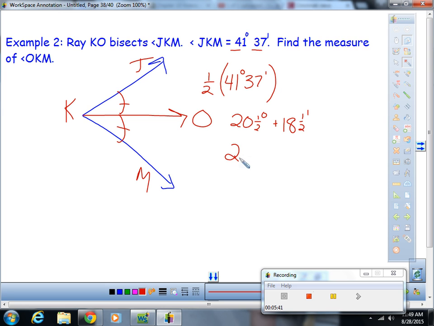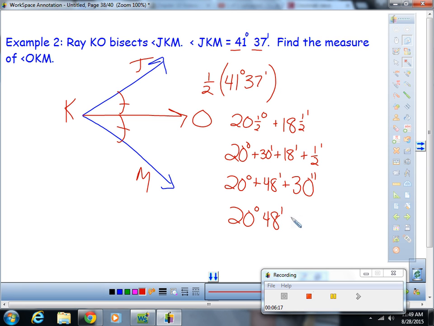So that'll be 20 degrees plus 30 minutes plus 18 minutes plus half a minute. Just bear with me on that one, okay? Well, that's going to be 20 degrees plus 48 minutes plus, well, half of a minute is what? Is 30 seconds. So our final answer should be 20 degrees, 48 minutes, and 30 seconds.